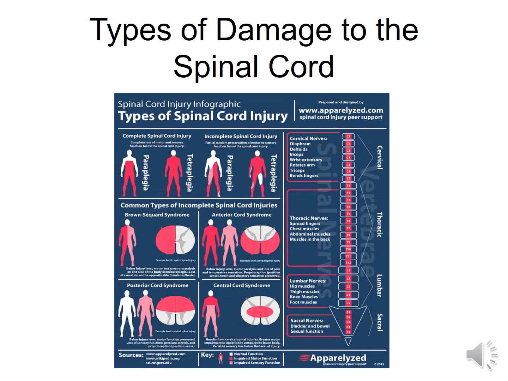If it involves one side of the spinal cord, it can result in a hemiplegia, called Brown-Séquard syndrome. Sometimes it involves the anterior part of the spinal cord, or for that matter, the posterior part of the spinal cord. And depending on the level of impact, it can cause all kinds of maladies.